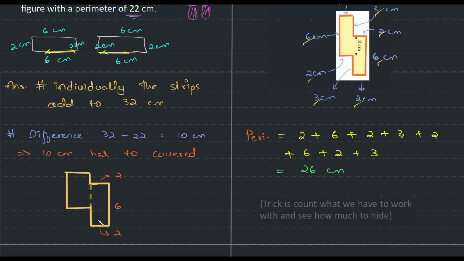Now, oh, this I am wrong actually. If I am covering, the diagram is wrong. As in my drawing is wrong. It would be something like this. So this is 6. This is 2.